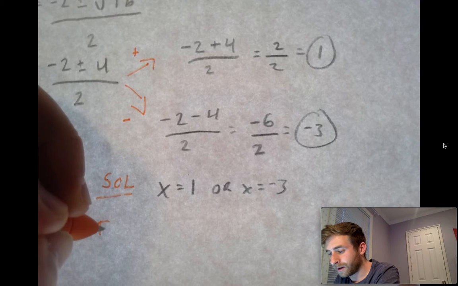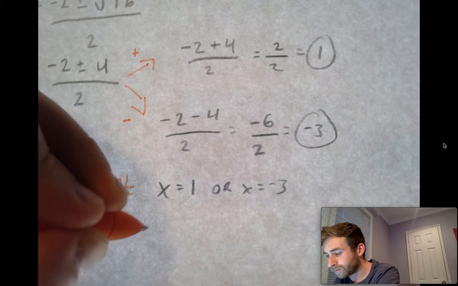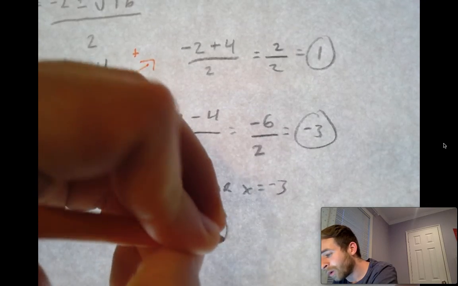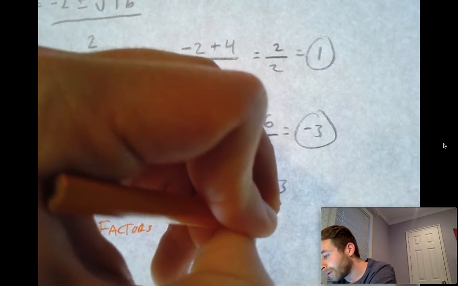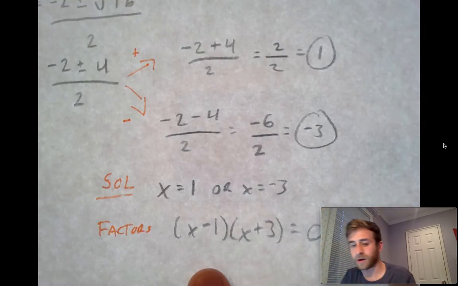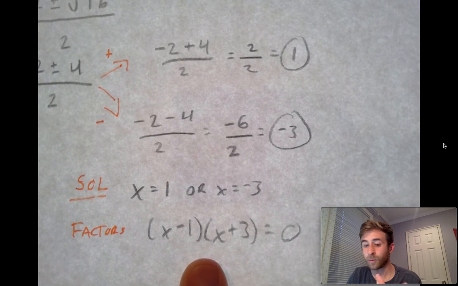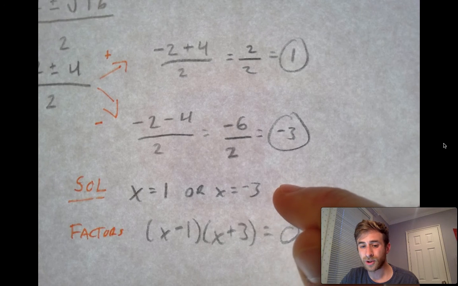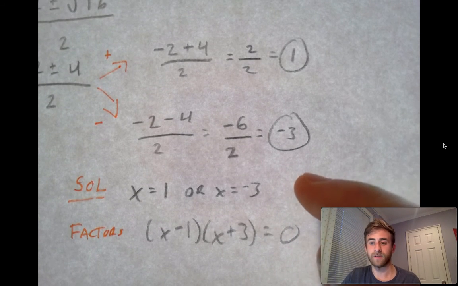If I wanted factors, all I would do is just flip the signs. So it'd be x minus 1, x plus 3 equals 0, right? So that's what the original question we started with looks like in its factored form. The solutions are just the opposite sign of your factored form.